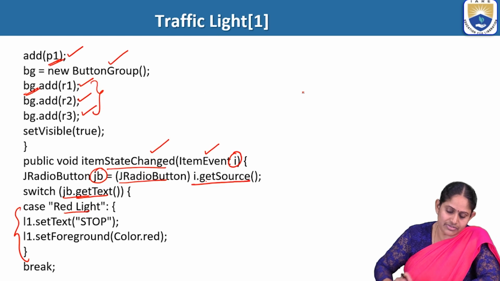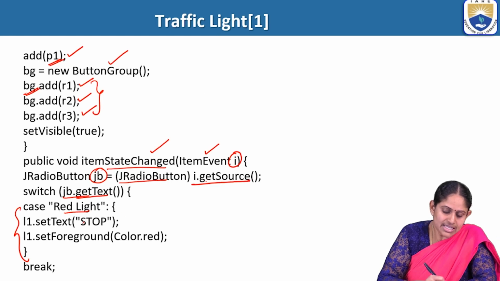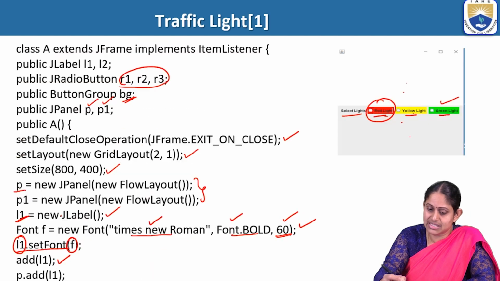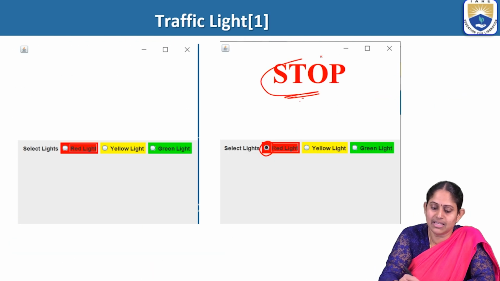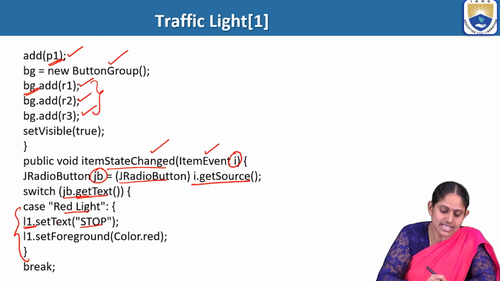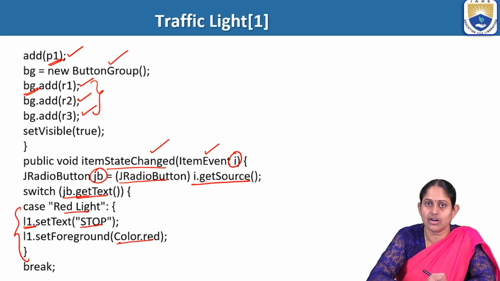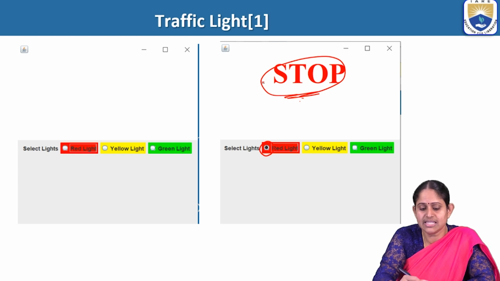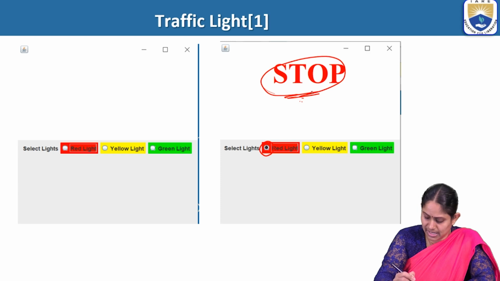To achieve that, we are setting the label, L1. The label 1's text is set to stop, and its foreground color is also set to red.